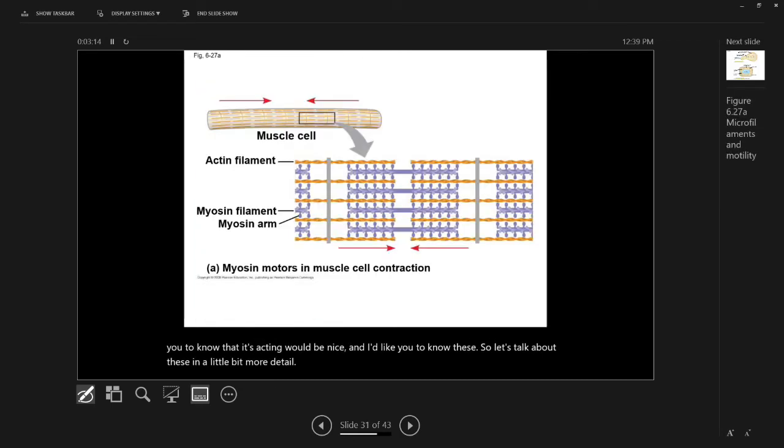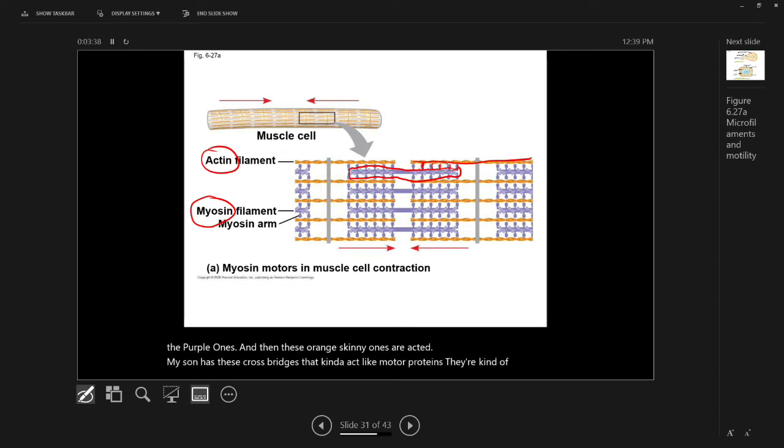All right. The most famous and easy to understand one is probably muscle contraction. So there's two proteins involved. There's myosin and there's actin. Those two work together. The fat fibers, these guys right here, are myosin, the purple ones. And then these orange skinny ones are actin. Myosin has these cross bridges that kind of act like motor proteins. They're kind of like the kinesin and like the dynein.